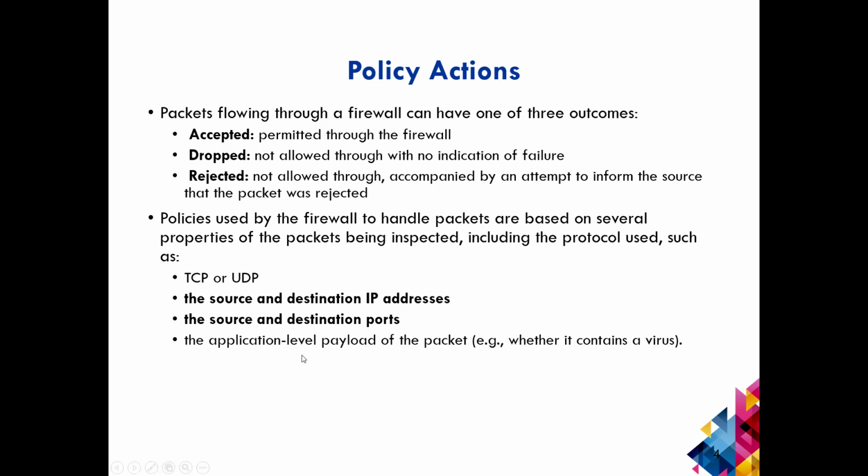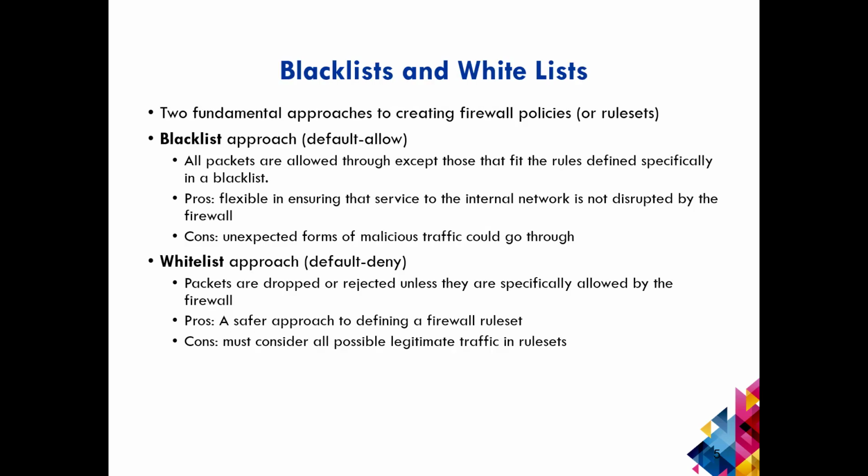And the last one, the application-level payload of the packet. Somehow they carry a similar packet again and again, and it keeps coming. So when it is frequent, it is going to be blocked. So it depends on your configuration.